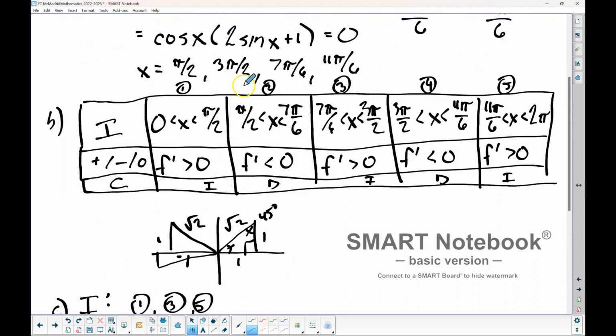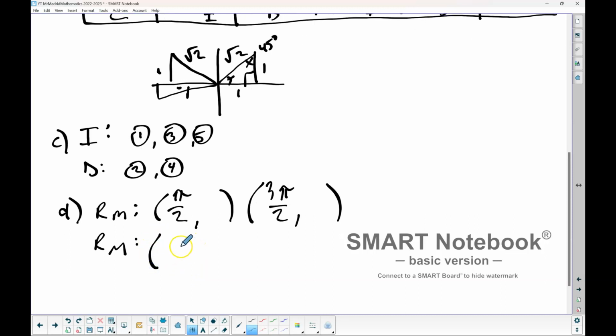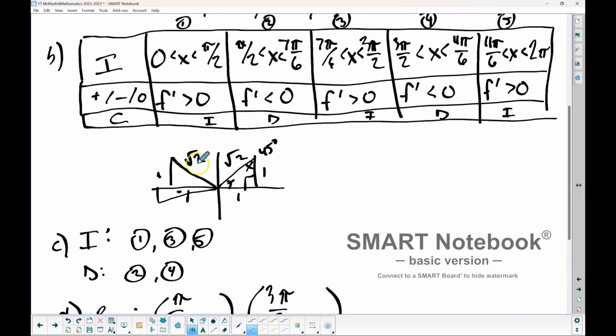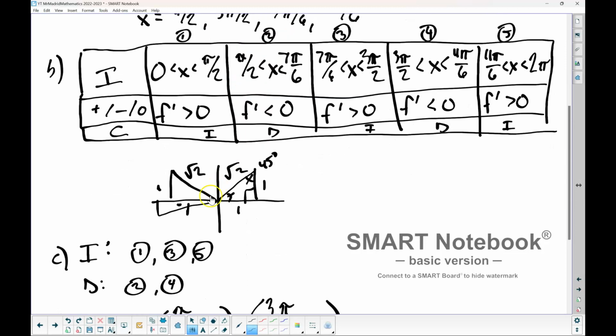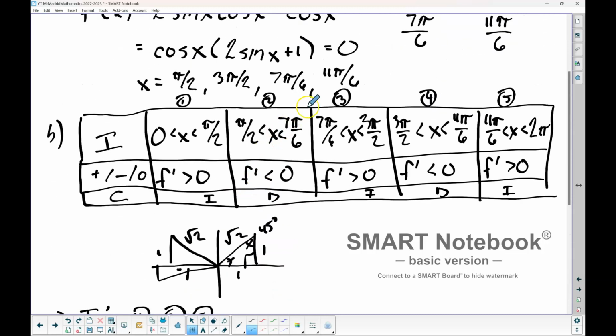Let's take a look at the other guy, 7 pi 6. What's happening? Decrease and then increase, so that's going to be a relative minimum. That was 7 pi 6. And our other last one is 11 pi 6.